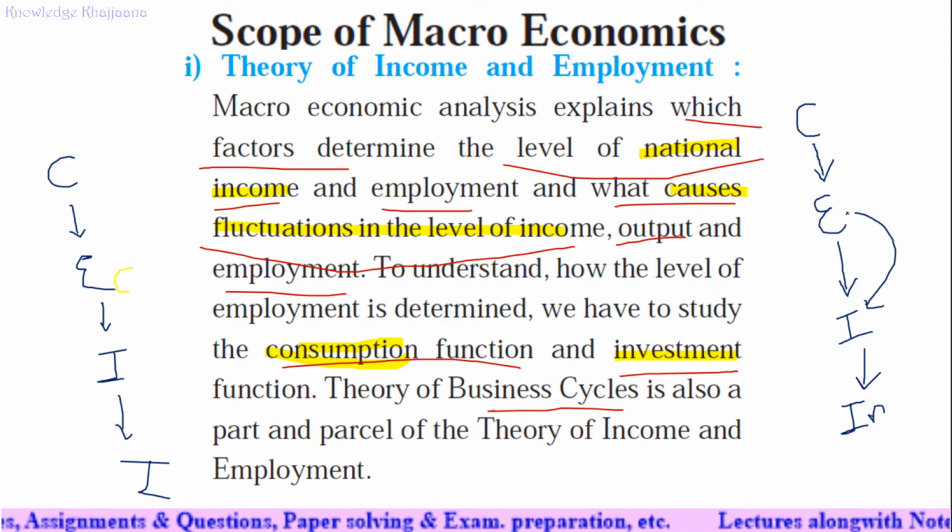If one changes, it will affect the entire cycle: employment increases, income increases, then consumption increases, and then investment will increase. Then this theory also uses the business cycle. What is meant by business cycle?